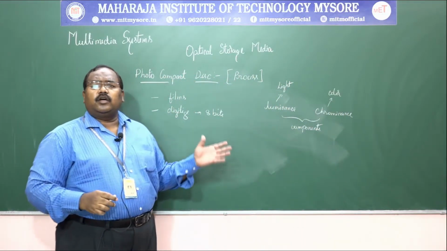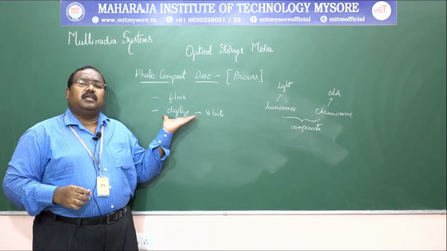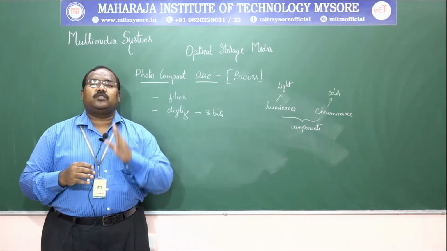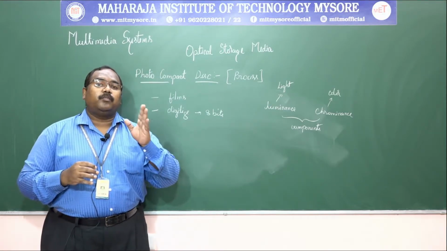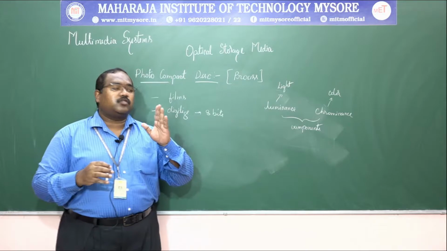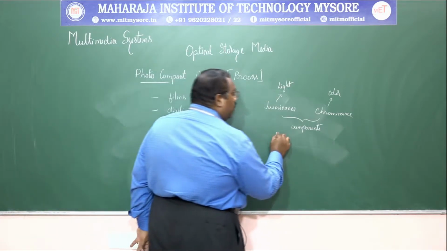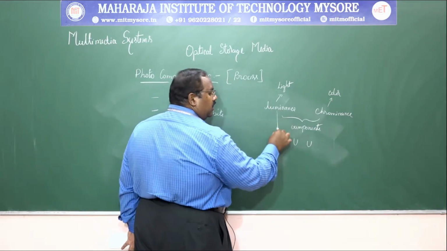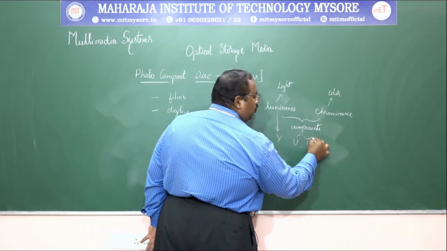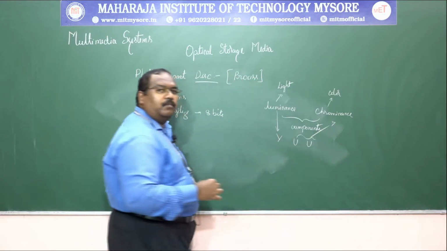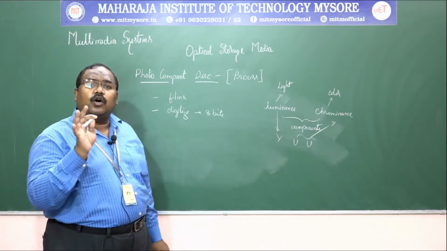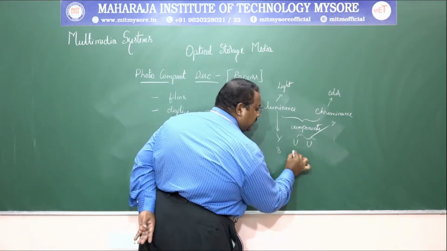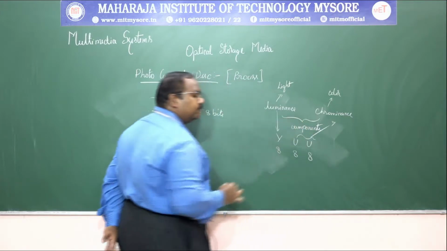Now when we talk about digitization, 8 bits of resolution supports digitization with 8 bits of luminance components and 8 bits of chrominance components. We have seen that the components are Y, U and V, where Y is the luminance component and U and V are the chrominance components. So each component is supported with 8 bits, 8, 8 and 8.